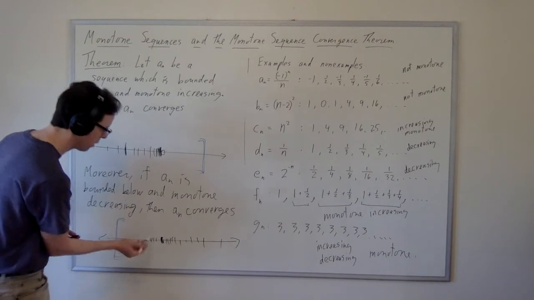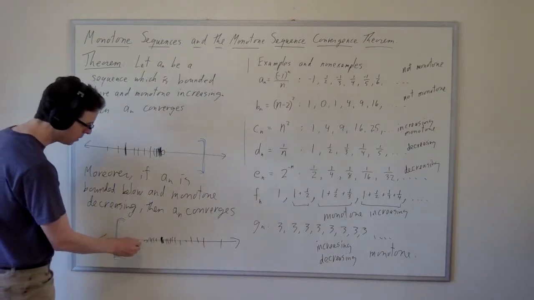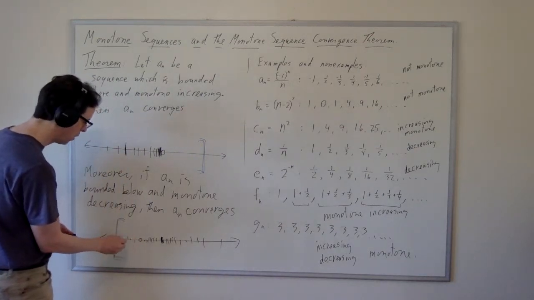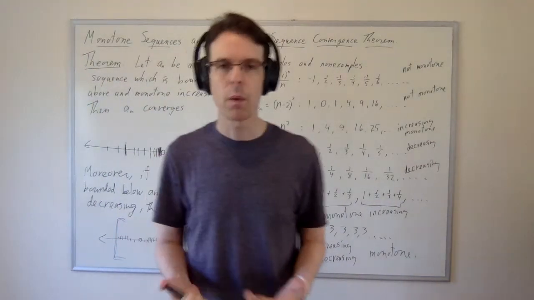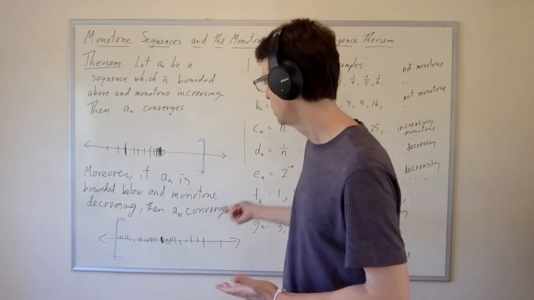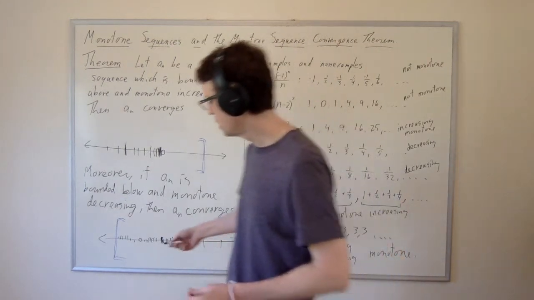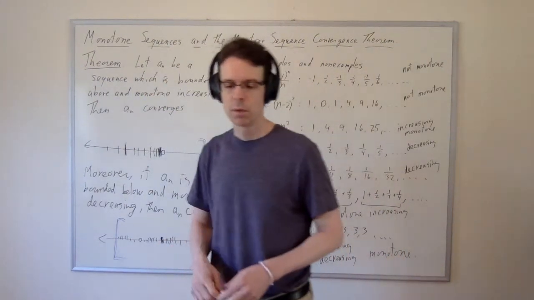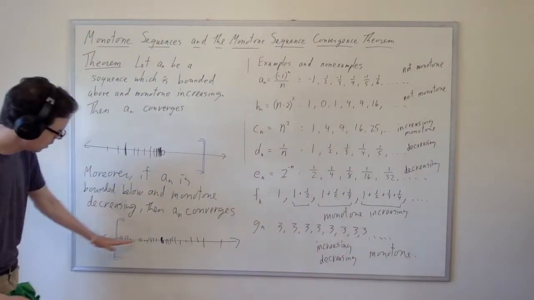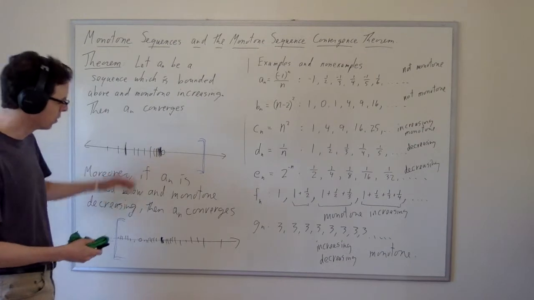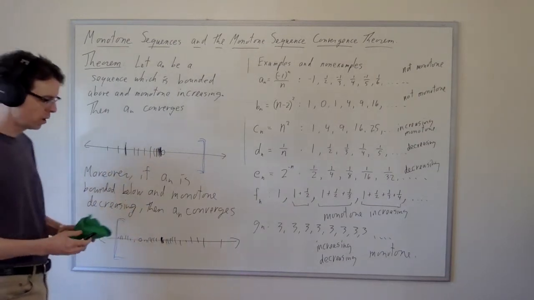Eventually they're going to pile up somewhere. Maybe here, maybe to some limit prior to there, I don't know, but when they pile up on that value, that will be the limit of the sequence. So it has to converge somewhere. It doesn't necessarily have to converge to that lower bound. It could converge to an earlier point, in this case a greater number, in this case a lesser number, but it will have to converge somewhere.